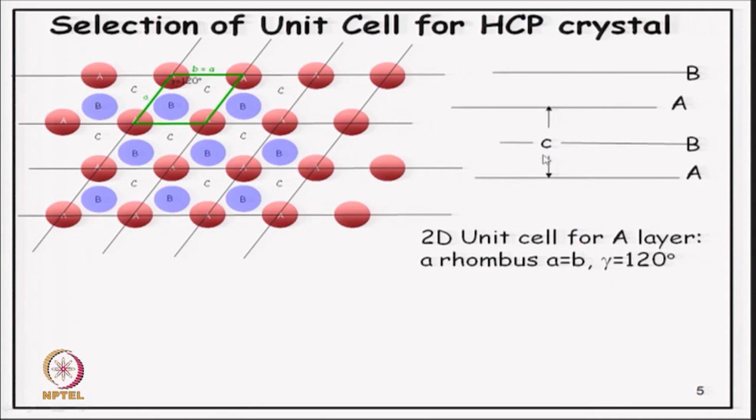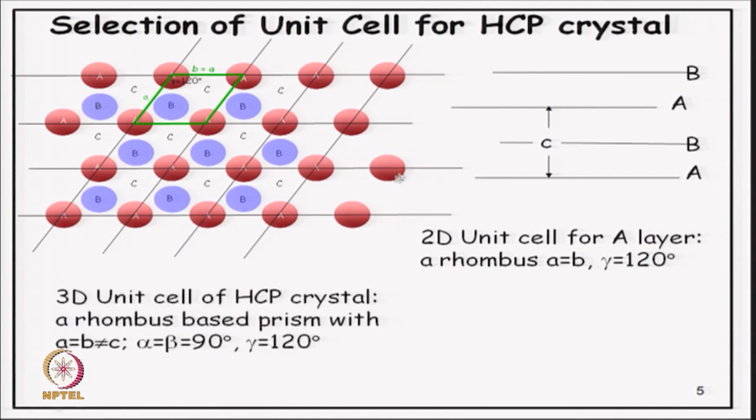So, the c distance is actually twice the interplanar spacing. This is important to keep in mind. The c distance is not from an A layer to a B layer, but from an A layer to the next A layer, and the interplanar spacing is from A to B. So, c is 2 times the interplanar spacing of these close-packed planes.